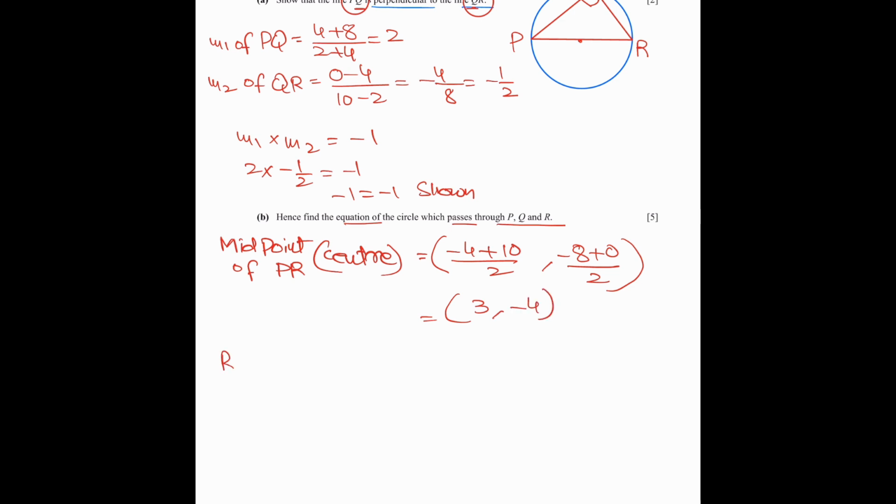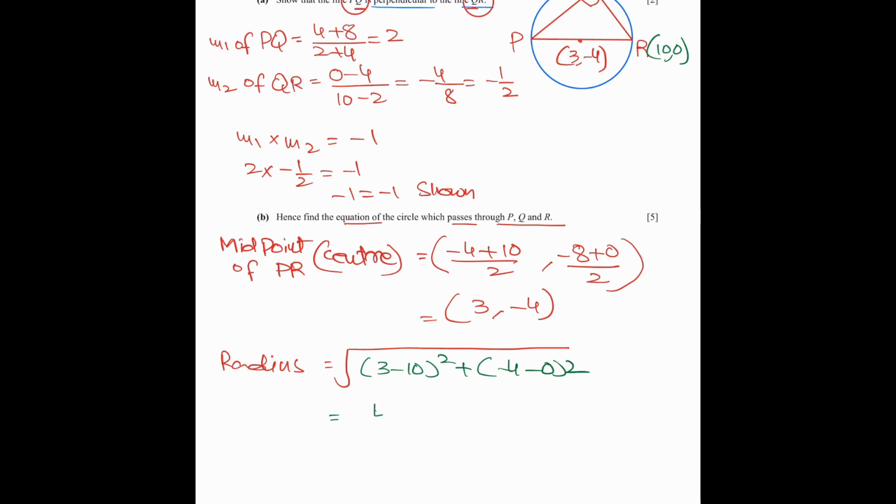Now you have to find out the radius, so using the center and the point R. So find the distance between the center, which you have, it is 3, negative 4, and point R is 10 and 0. So using 3 minus 10 whole square plus minus 4 minus 0 whole square, minus 7 square is 49 plus 16.